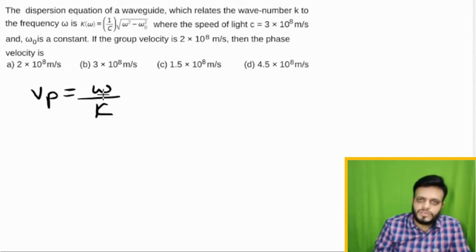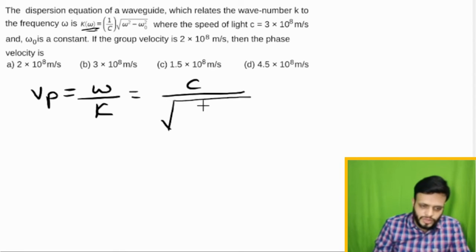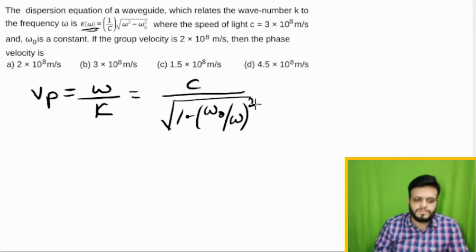Again, omega is the angular frequency and k is the wave number. Now let us put the equation of k of omega into this k. By solving it, finally we get c over square root of 1 minus omega naught over omega, whole square.